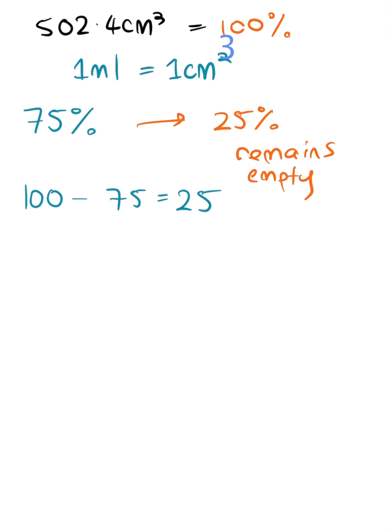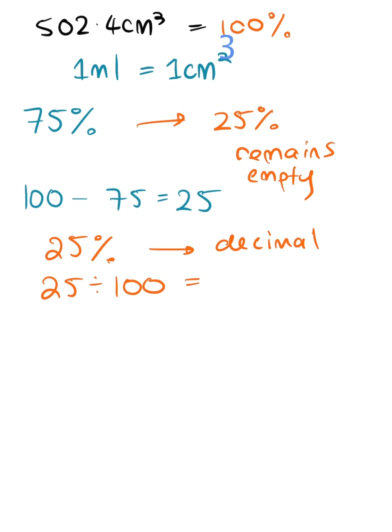Now, if we want to calculate this, all we do is turn the 25% into a decimal. And how we do that is we simply divide 25 by 100. So 25 divided by 100 would leave us with 0.25.